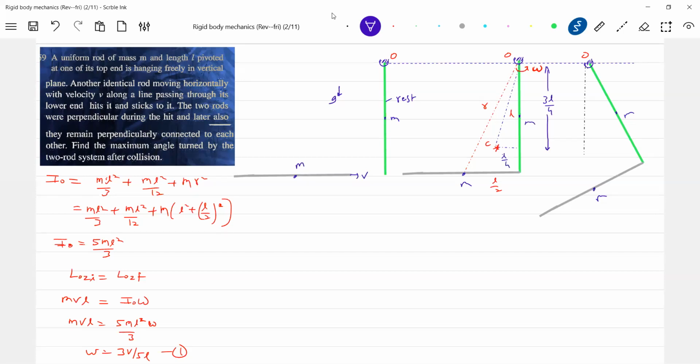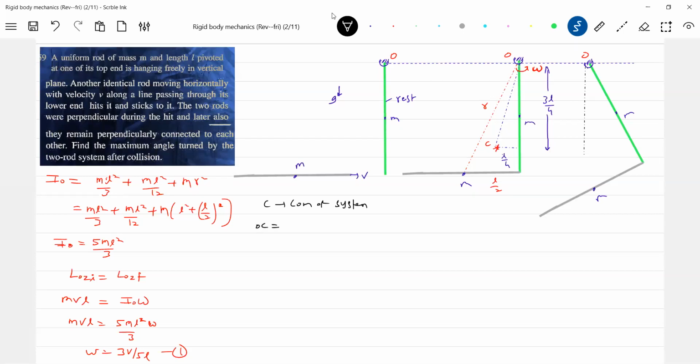Okay, so the distance OC, we'll remove this L. It will confuse us a lot. So what should OC be equal to? OC, what is C? C is the center of mass of the system. System means that of two rods.